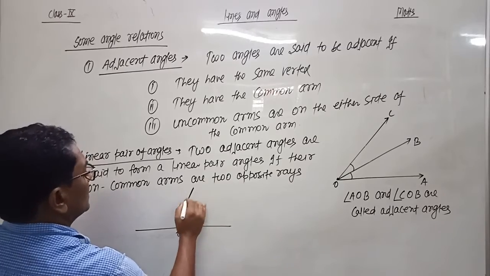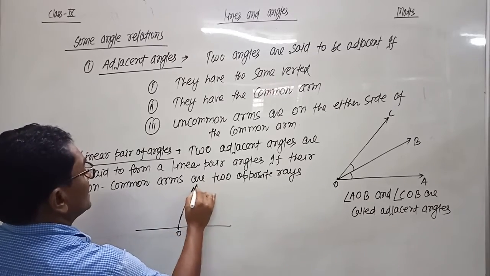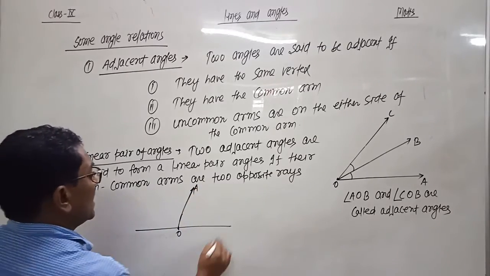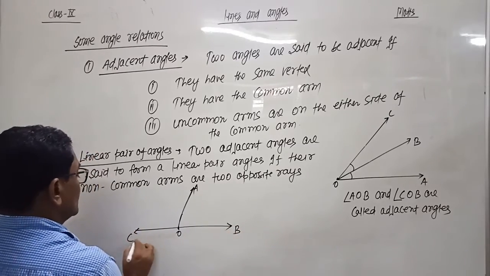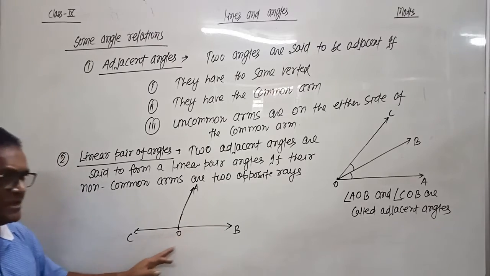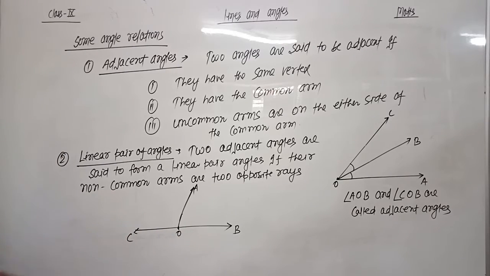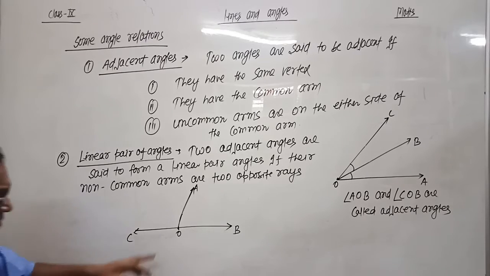Suppose OA is the common arm and the uncommon arms OB and OC are opposite rays. So they form a linear pair.